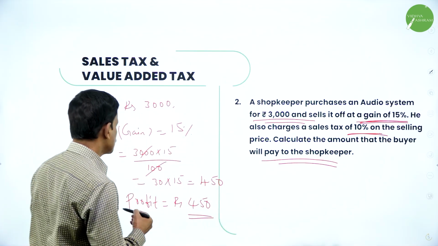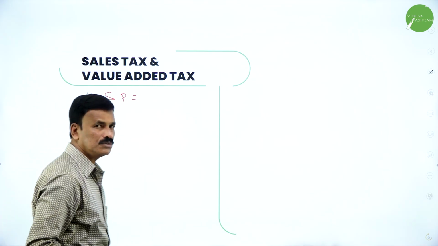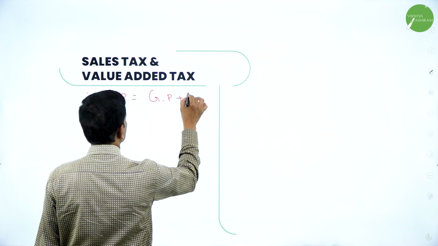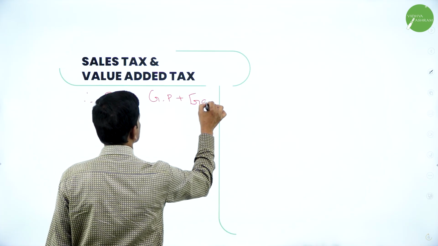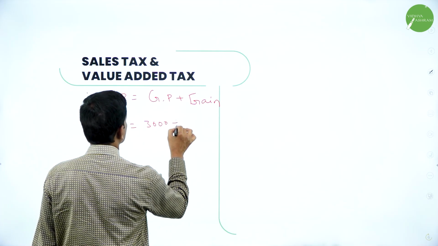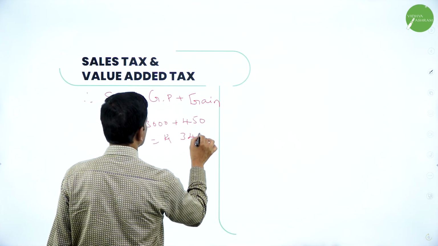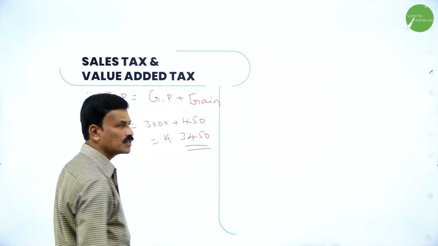Now the selling price is equal to CP plus gain. So that is 3,000 plus 450, that's equal to rupees 3,450.